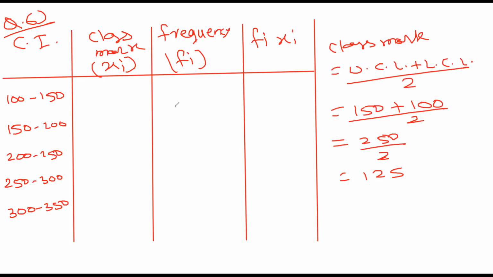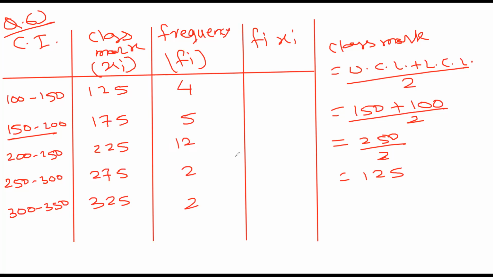And class width is 50, as you can see. So if I write 125 here, just go on adding 50. So you get 175, 225, correct? 275, and finally 325. Frequency is 4, 5, 12, 2, 2.